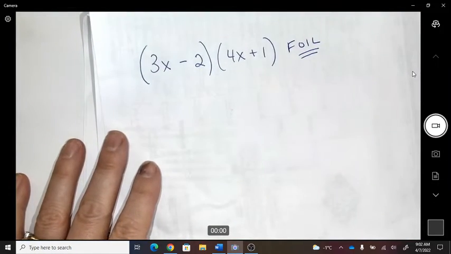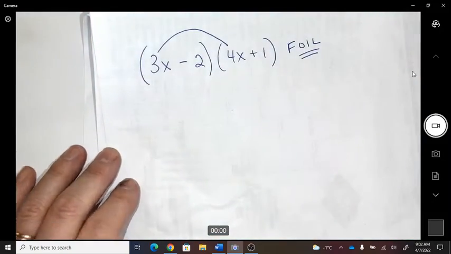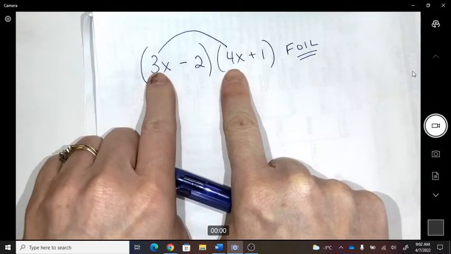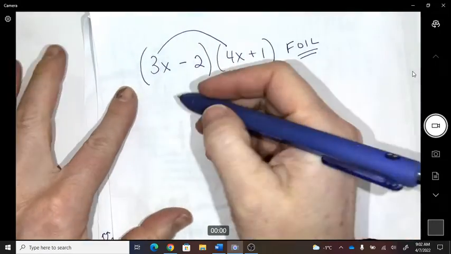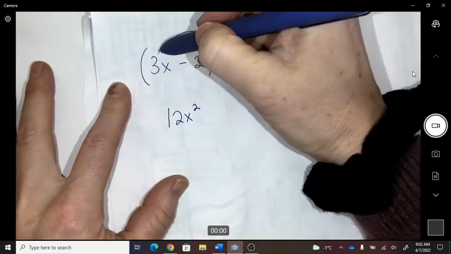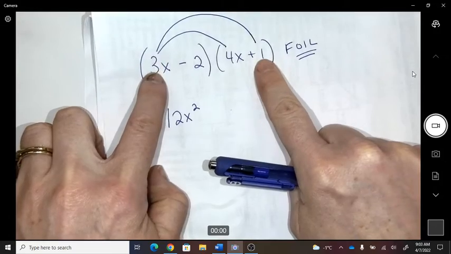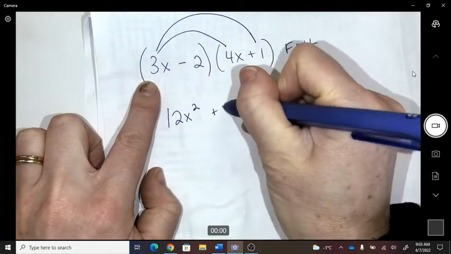Okay, so what is the first times the first? So that's what the F stands for, so that's 12x squared. Outsides, so that's the outside, so that makes a plus 3x.